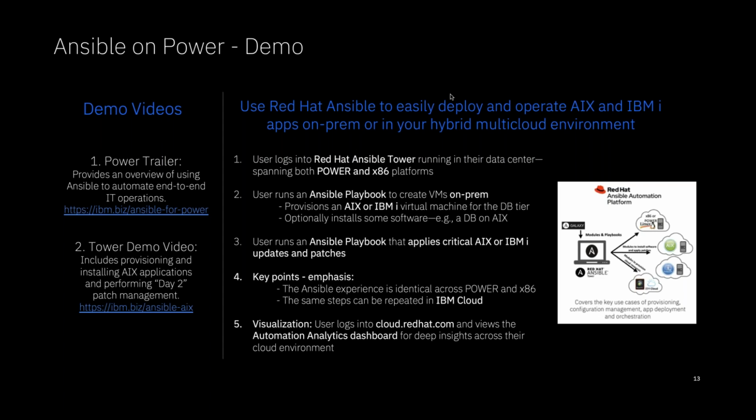But after doing that, the next thing is, what do I do with these systems when they're running? That's where the day 2 activity comes in that I talked about, where you want to install additional software. That software could be applications, or it could just be system software that you haven't configured on your system yet. And again, that's whether it's IBM i or AIX.